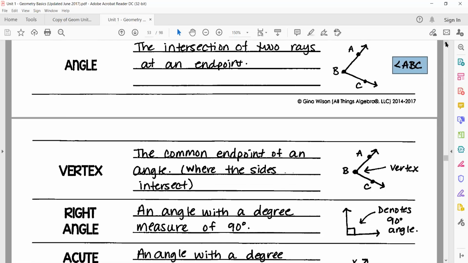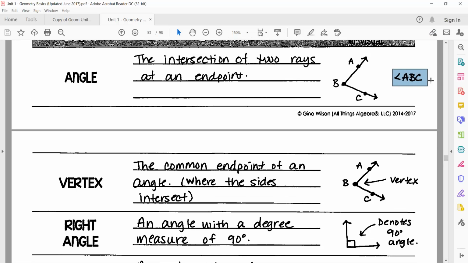The other thing you'll come to learn about angles and when you describe them is this vertex letter. If you're going to describe angle ABC, because those letters are in that exact order, I know that B is the vertex. That's the convention that mathematicians use. The vertex has to be in the middle of your description.